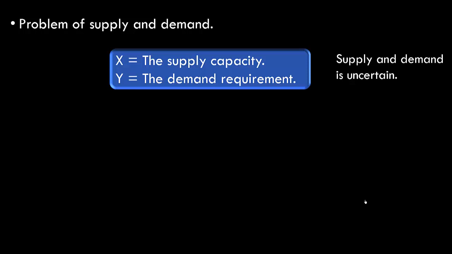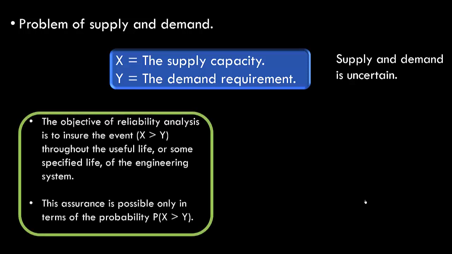Now, using these two variables, X and Y, in terms of demand and capacity, we have to calculate reliability, safety margin, or probability of failure. The objective of reliability analysis is to ensure that X is greater than Y. X is capacity, that is, the resistance provided by the system should always be greater than the demand, the load coming to the system.